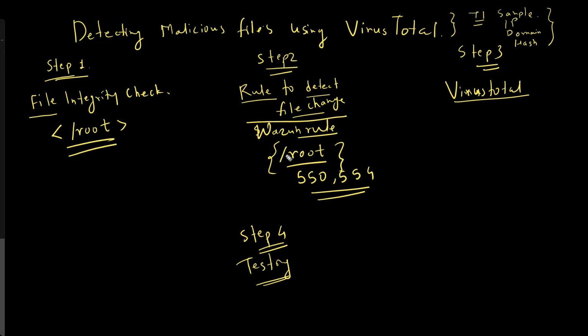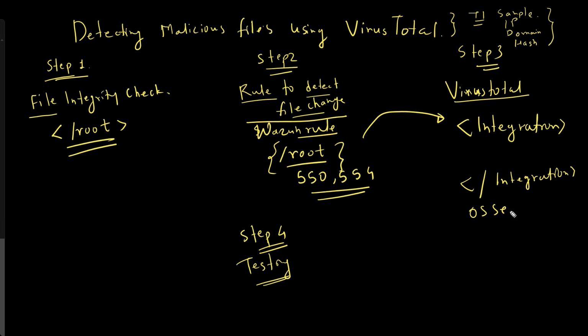I'll show you what the Wazuh rule really looks like. Once it is done, the moment this rule gets triggered, it should also trigger another thing, not a rule, basically an integration. This should trigger an integration tag for VirusTotal, which will be in the ossec.conf file of the Wazuh manager.